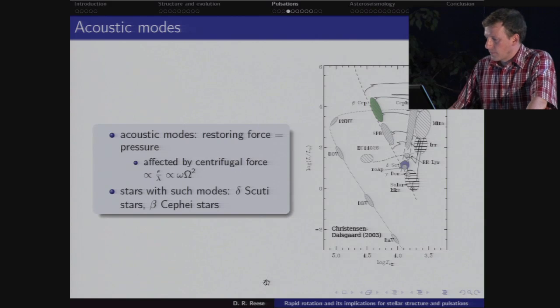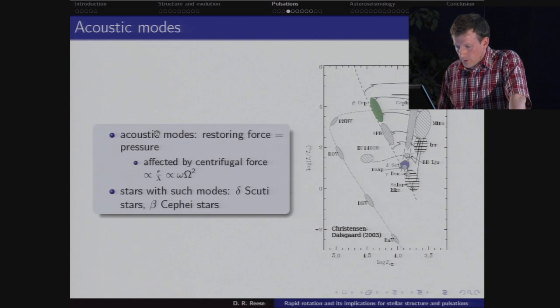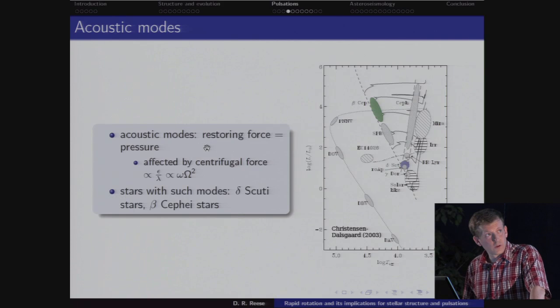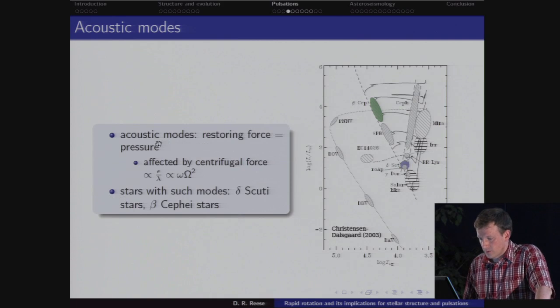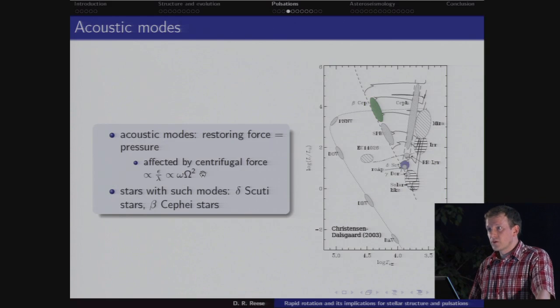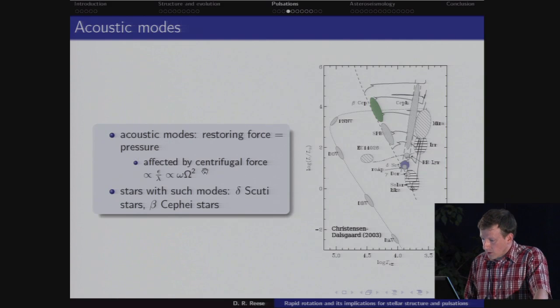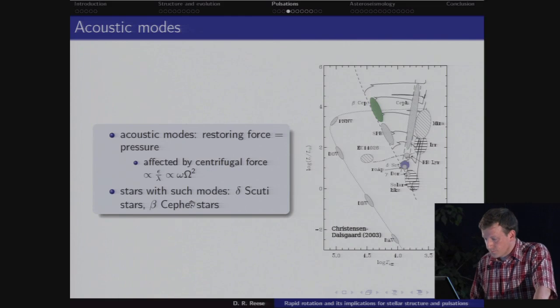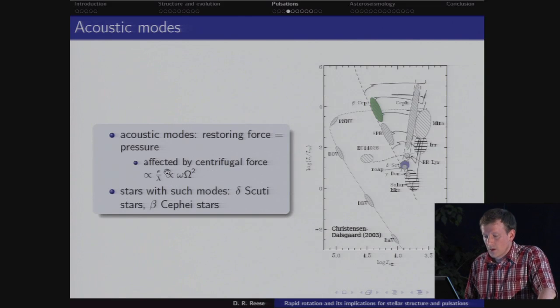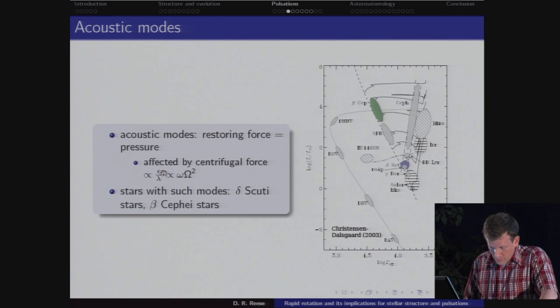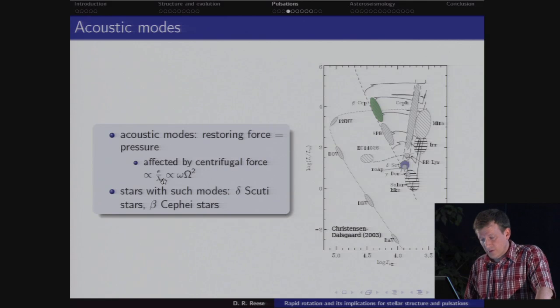So now I'm going to talk about acoustic modes. For acoustic modes, the restoring force is pressure. Since these modes are located towards the outer portion of the star, they're strongly affected by the centrifugal force. And you can characterize this by the ratio between the stellar deformation, represented by epsilon here, and the characteristic wavelength of the pulsation mode, represented by lambda.